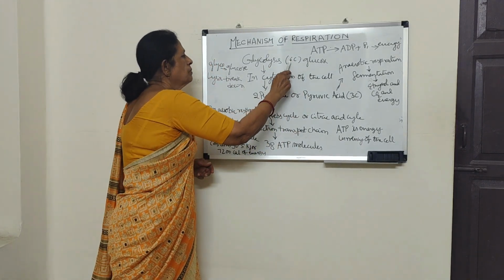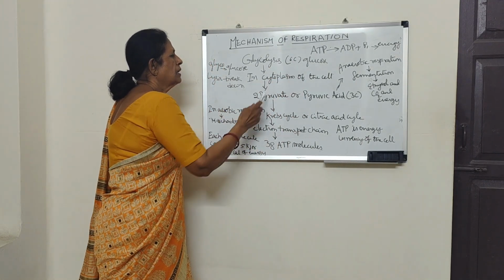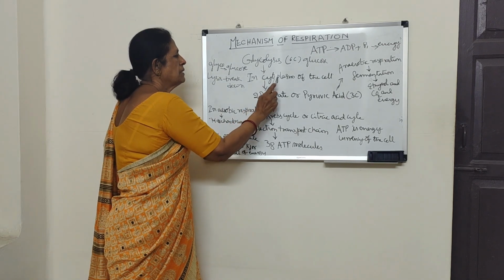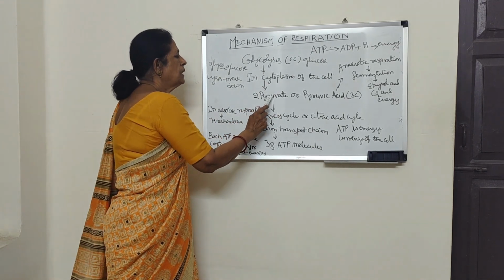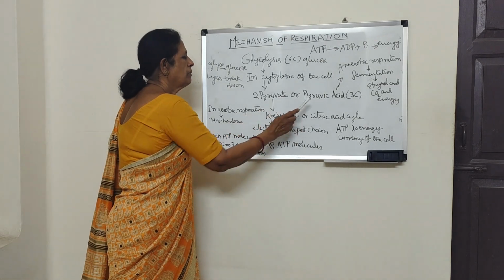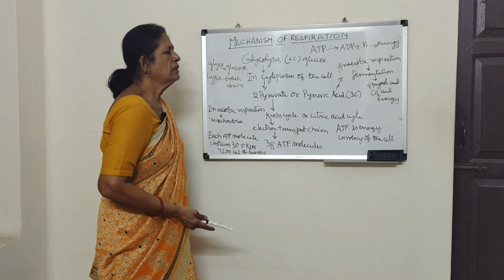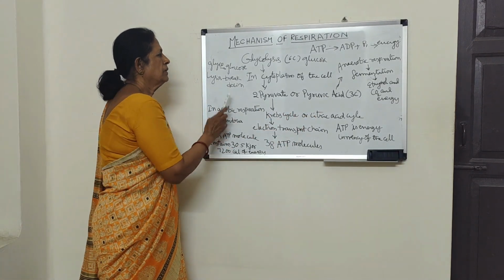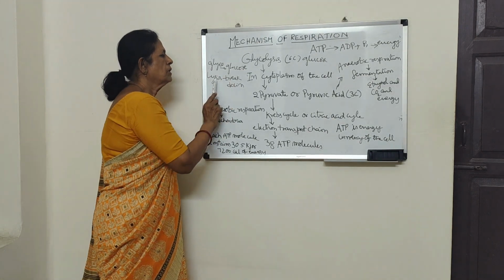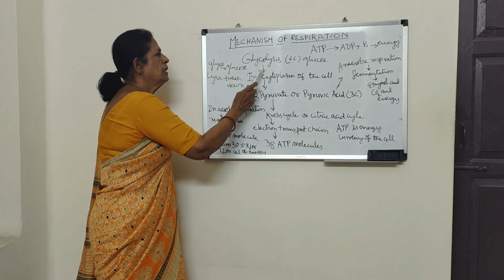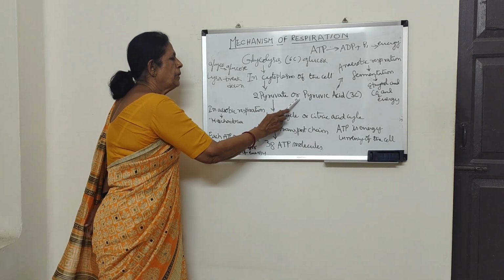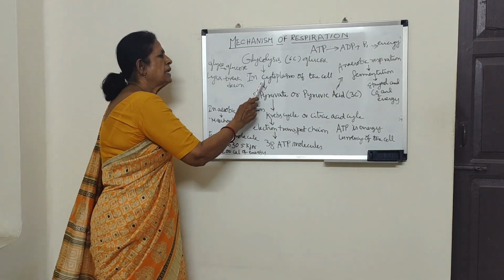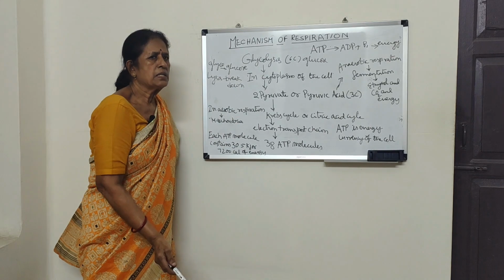So one glucose molecule, which contains 6 carbon atoms, will break down in the cytoplasm of the cell into 2 molecules of pyruvate or pyruvic acid, each containing 3 carbon atoms. That means one glucose molecule is breaking down into 2 pyruvic acid molecules in the cytoplasm of the cell.